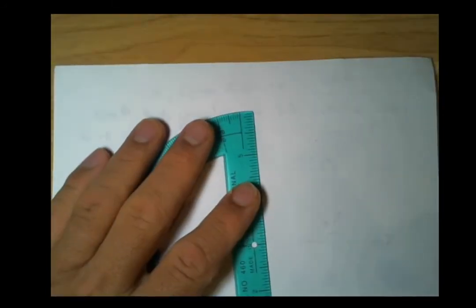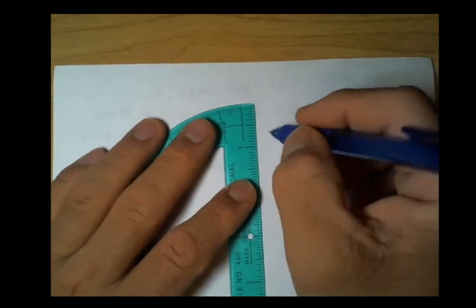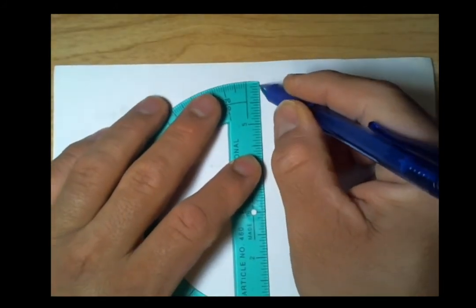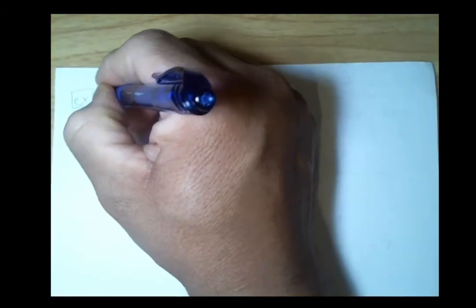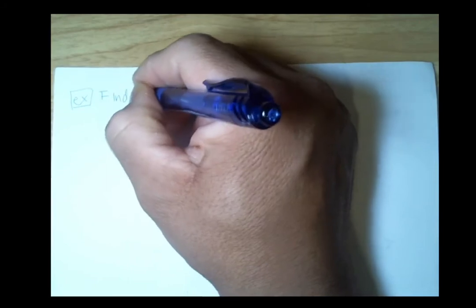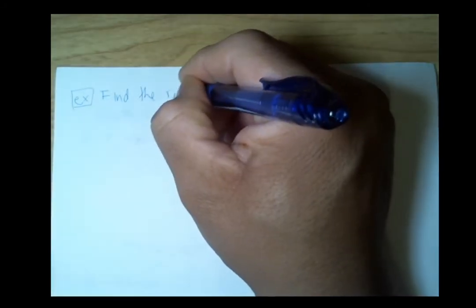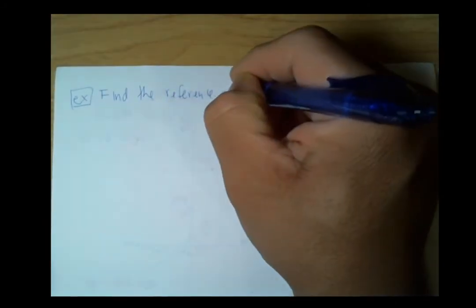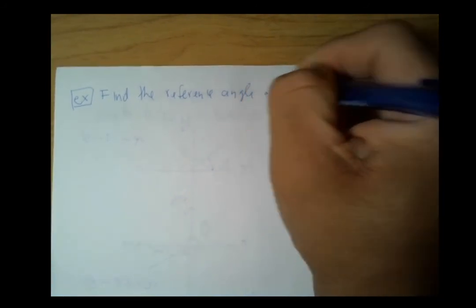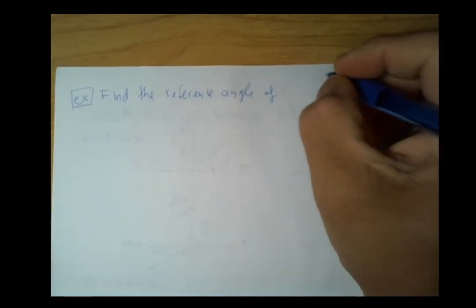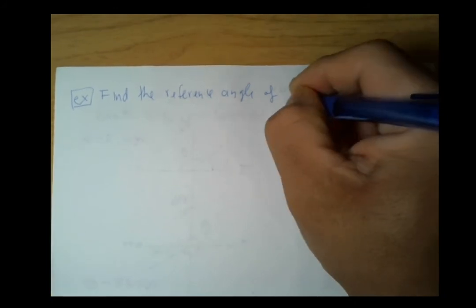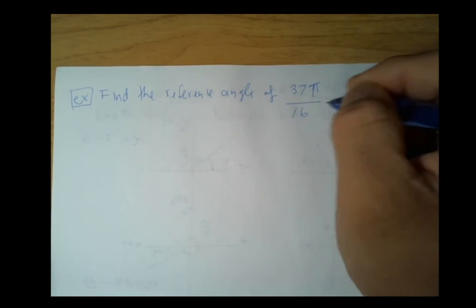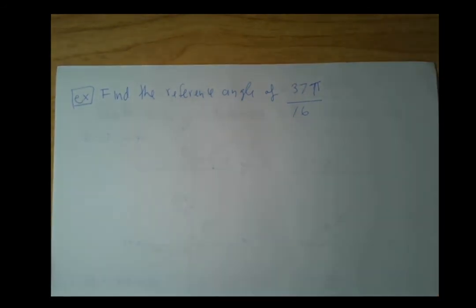where the angle, let's say, is bigger than 2 pi. Let's say for this example, I want to find the reference angle of 37 pi over 16.